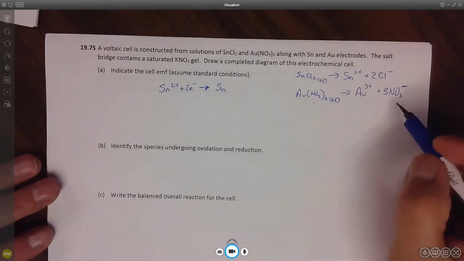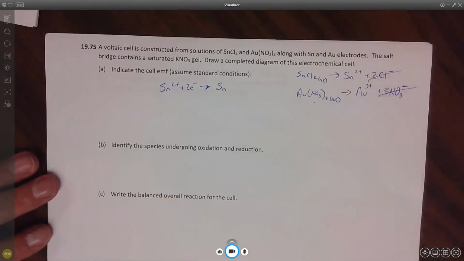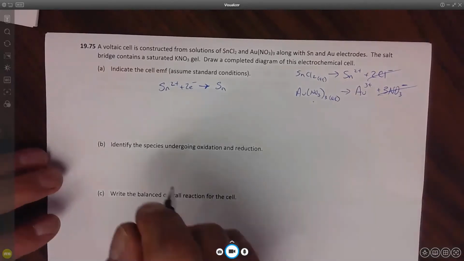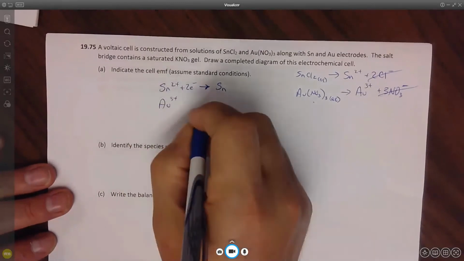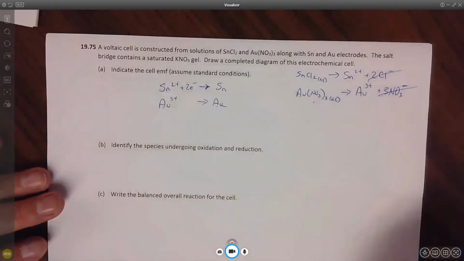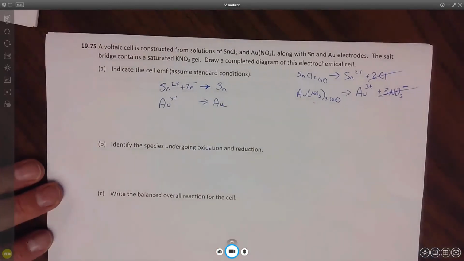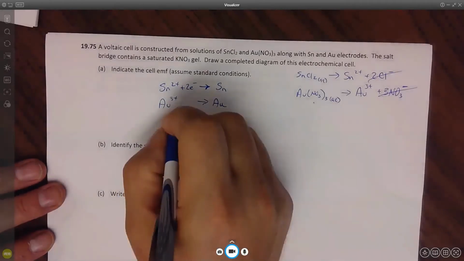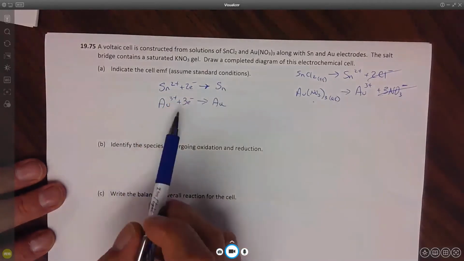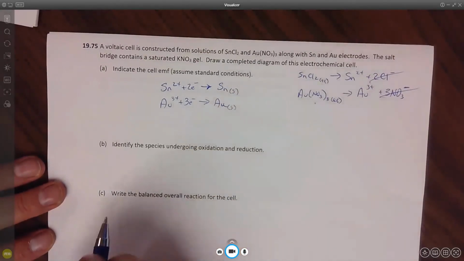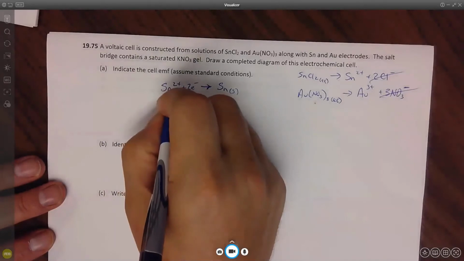Okay, but we're going to ignore the spectator ions, because they're not really doing anything in an electrochemical cell. They're just there. So it's just going to be the Au3+ going to Au. Okay. And then how do I balance this? Do you add 3 electrons? Yep. Right. So now we have 0 and 0. Phase labels, right? This would be a solid, because those are our metals. And then these are aqueous solutions.